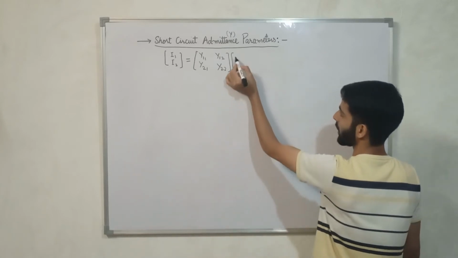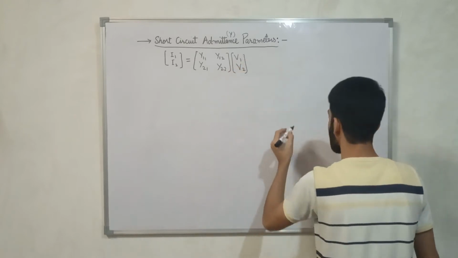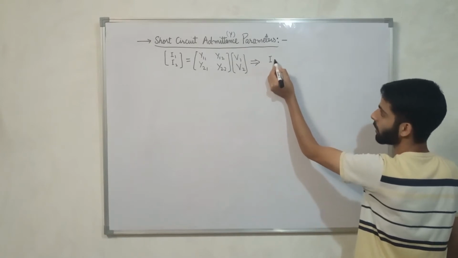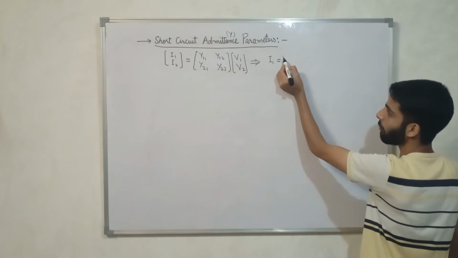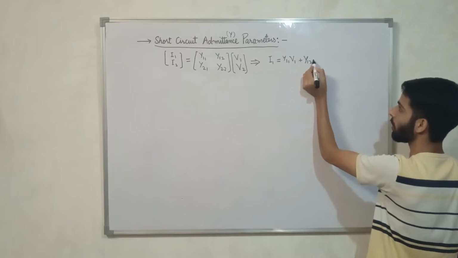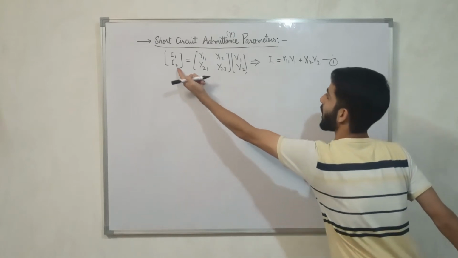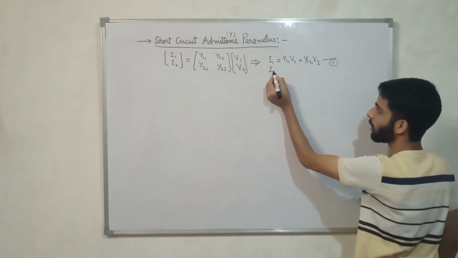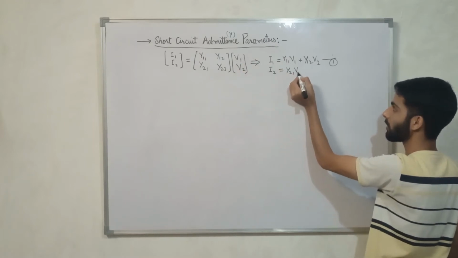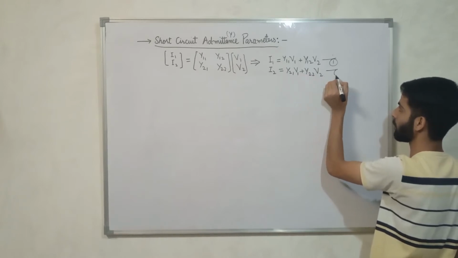So the equations in expanded form will be: I1 is equal to y11 V1 plus y12 V2. This is the first equation, and the second equation is I2 is equal to y21 V1 plus y22 V2. Equation number two.